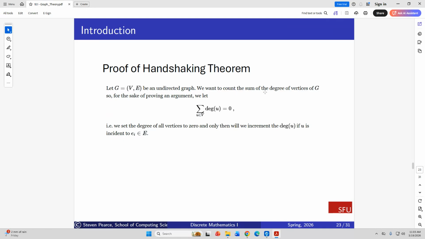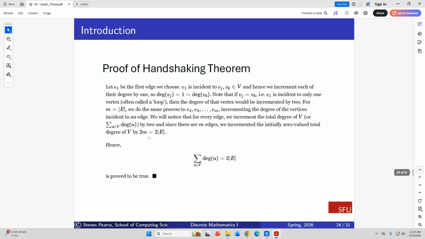We want to count the sum of the degrees of the vertices of G. So for the sake of proving the argument, we set the degrees of all vertices to 0, and only then will we increment the degree of a vertex if it is incident to an edge in the edge set.